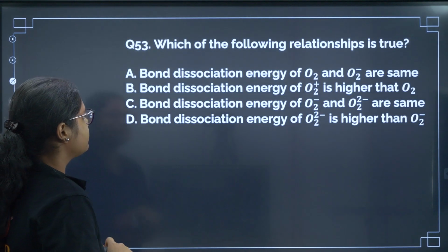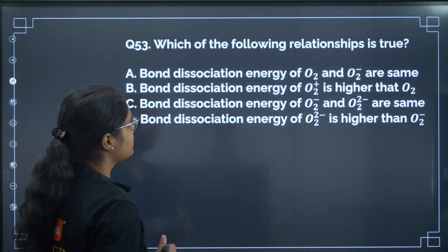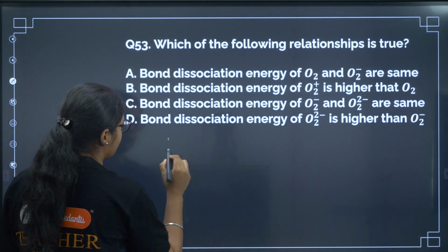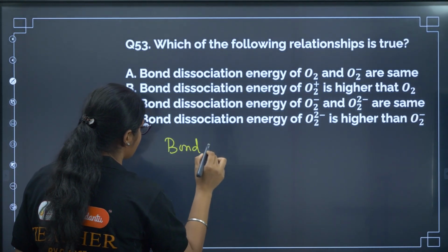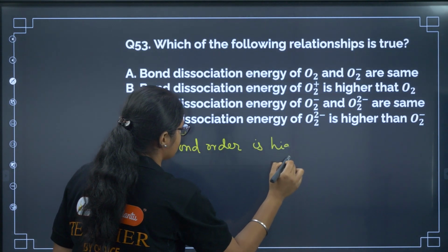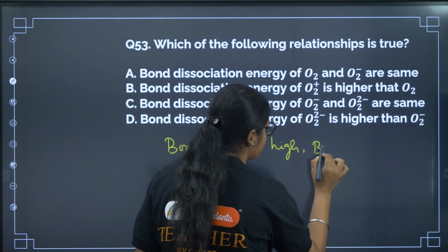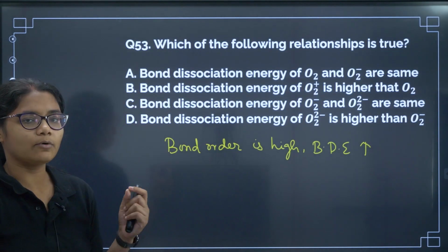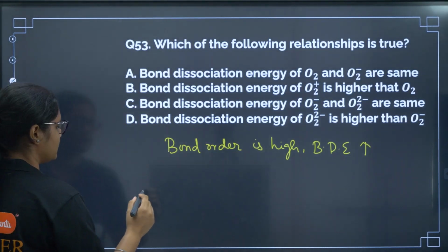Okay, next, which of the following relationships is true? Bond dissociation is given. So you have to remember one trick. If bond order is high, then bond dissociation energy will also be high. Now how to find bond order? You should remember one table here.